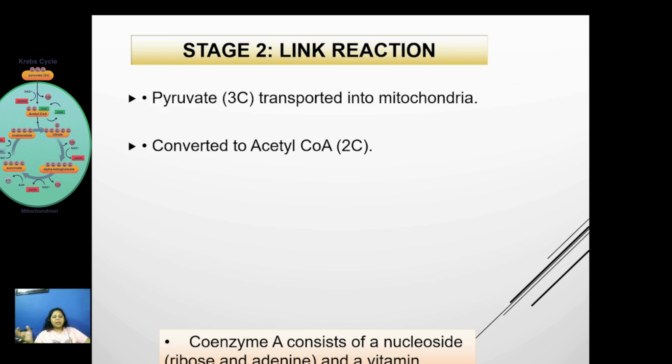So here we have adenine and ribose, and it's a nucleoside, and moreover it has a vitamin. It's coenzyme A. It is needed by some enzymes so that a reaction can occur easily. So it is not an enzyme, but you can say it's a helping agent for enzymes.